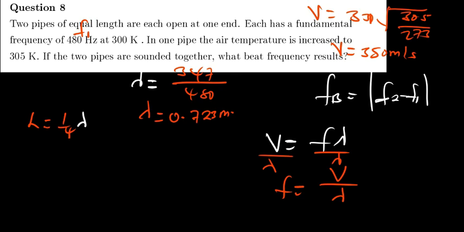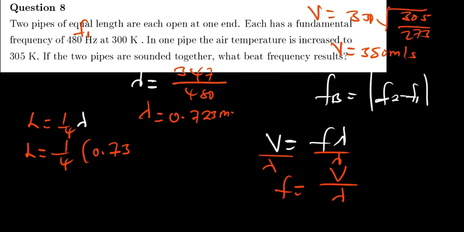The length will be given by half or 1/4 times this, although it's the same thing, because I have the lambda. Now I can just plug in the values here.